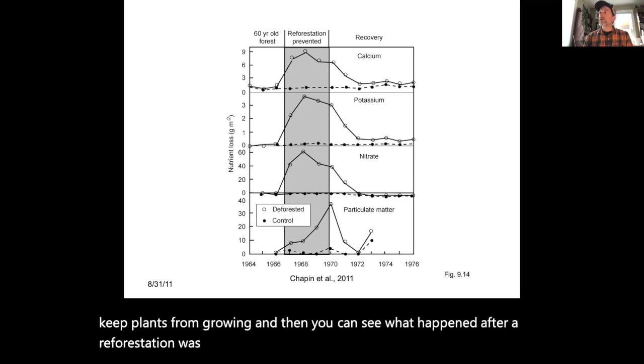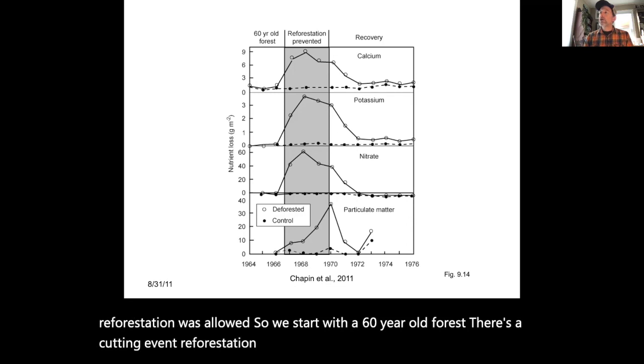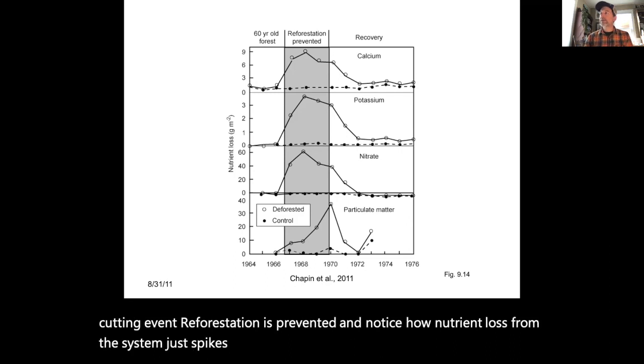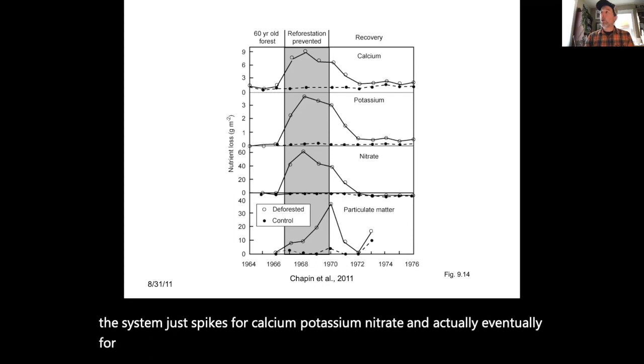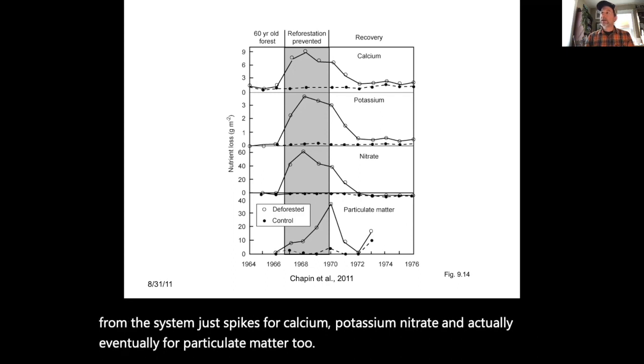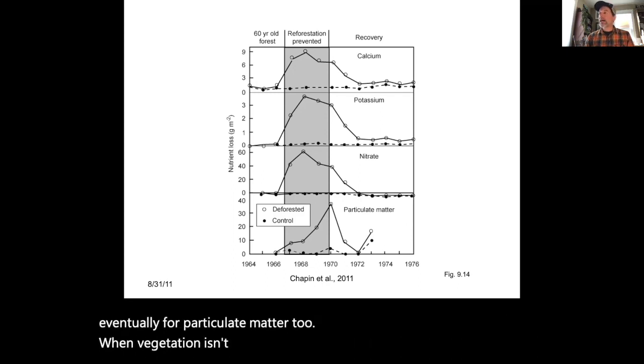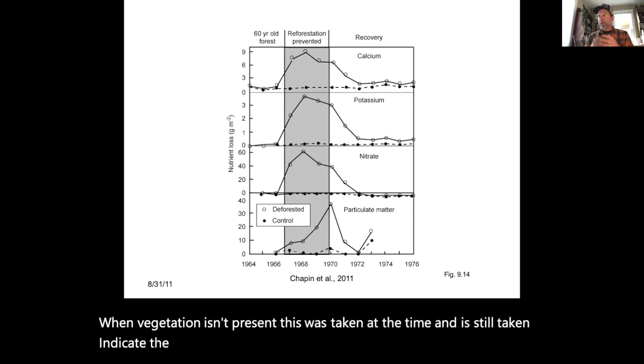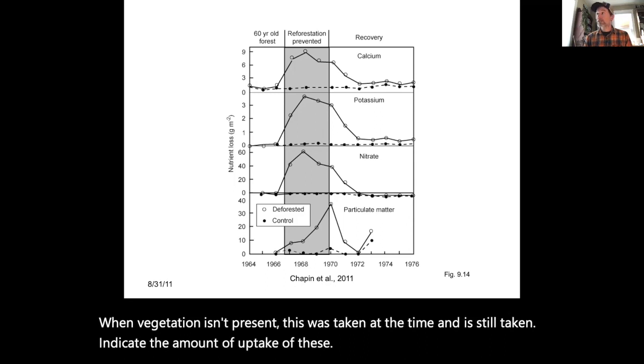So we start with a 60-year-old forest. There's a cutting event. Reforestation is prevented. And notice how nutrient loss from the system just spikes for calcium, potassium, nitrate, and actually eventually for particulate matter too, when vegetation isn't present. This was taken at the time and is still taken to indicate the amount of uptake of these elements by vegetation in the system.